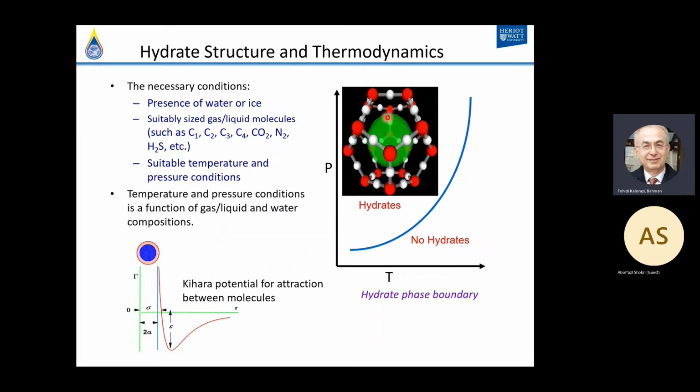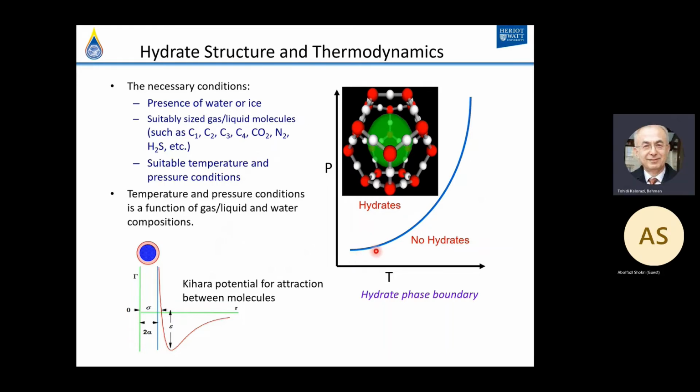But if the molecule is large, then the attraction is strong. Therefore, they can form hydrate. If it is too large, then they get very close to each other and the repulsion will work. So one depends on the composition of the hydrocarbon phase.